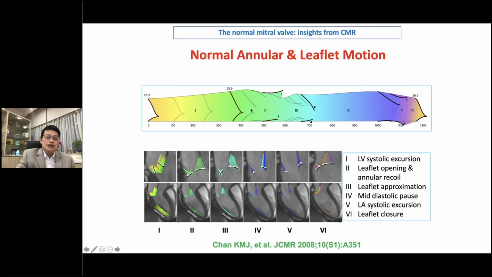It gets smaller and bigger throughout the cardiac cycle, along with the mitral leaflets. And you can really divide that into 6 phases of the cardiac cycle. And the mitral annulus is smallest at the pre-systolic contraction and gets larger just before the onset of diastole.